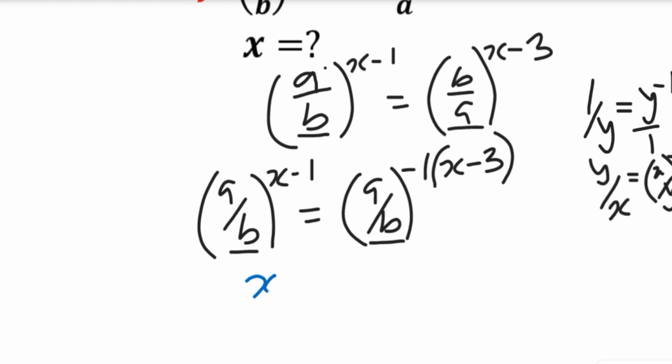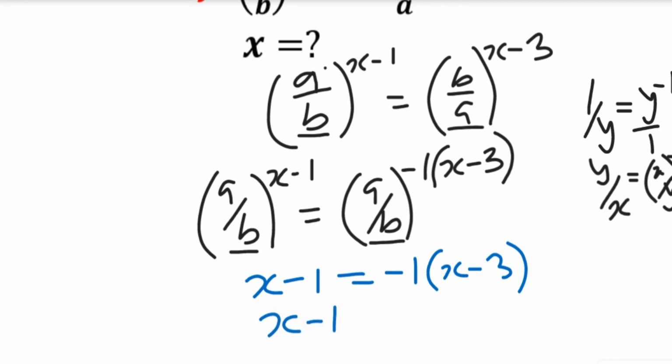We'll have x minus 1 to be equal to minus 1 multiplied by x minus 3. So this expression will give us x minus 1 equal to minus 1 multiplied by x, which gives us minus x, and then minus 1 multiplied by minus 3 will give us plus 3.